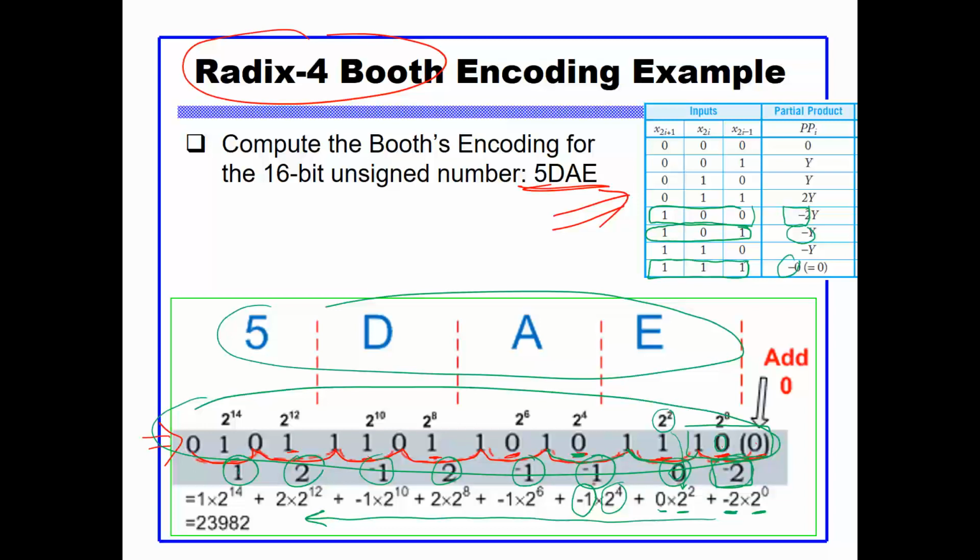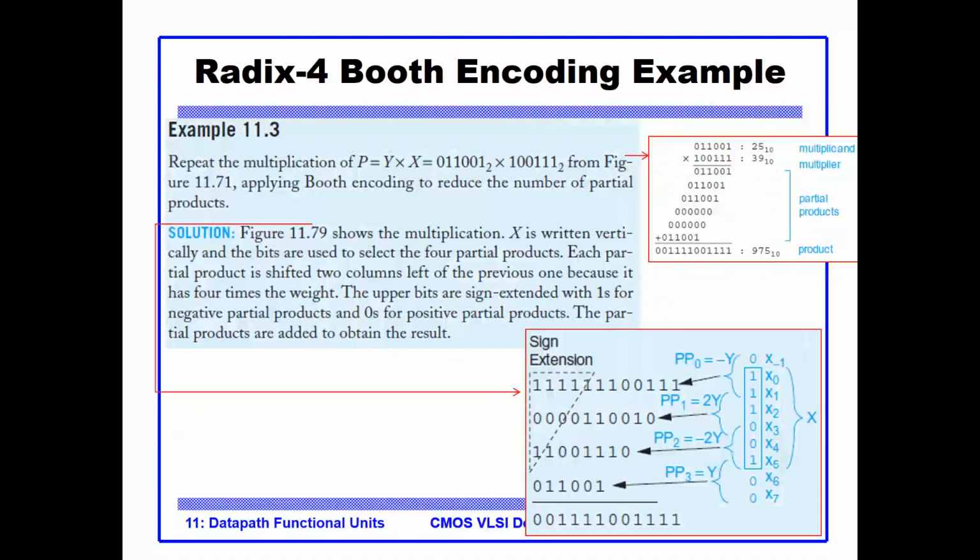Okay, all right, beautiful. Now let's take an example here. He's trying to do a multiplication of this number 25 and a multiplier of this number as well.